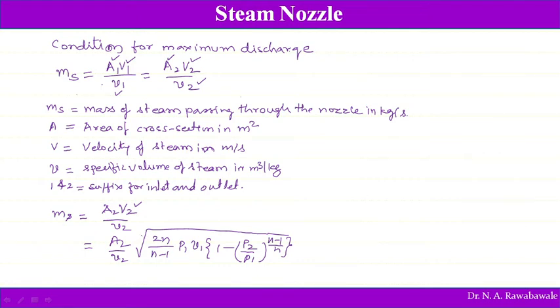Now what we can do here is we will find out v2 in terms of v1, specific volume in terms of v1.